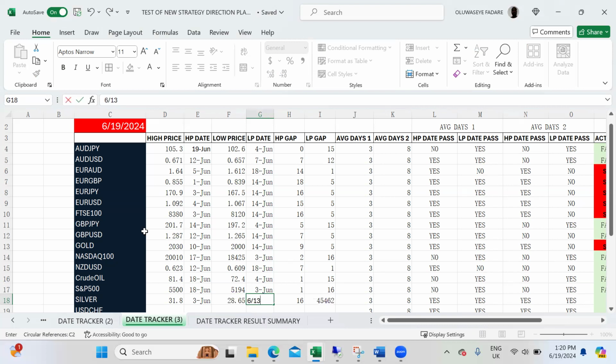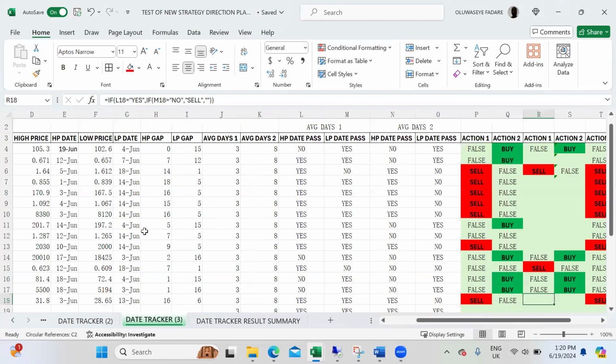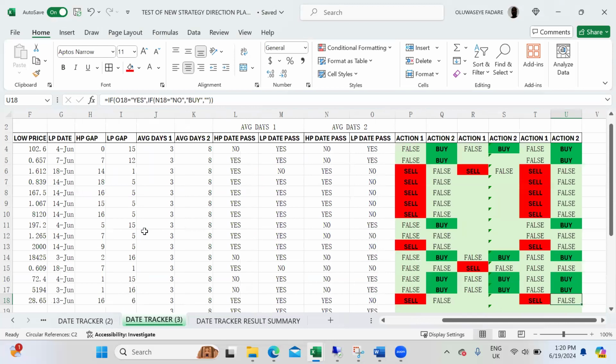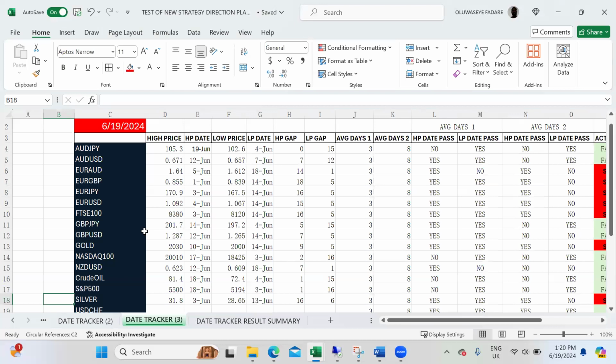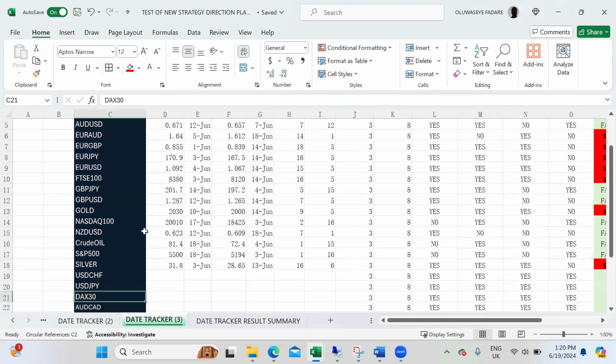So what's the direction of this? So this will be a sell, as you can see. So it's a sell all the way. So let's do two more samples just to give you an idea.